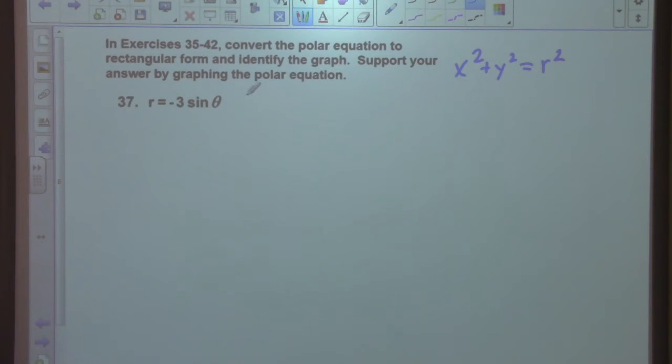You want to have r squared to work with, and the easiest way to get that is to take this whole equation and multiply it by r. So you're multiplying by r on both sides. On the left side now you have r squared, and on the right side you have -3 times r sine theta.